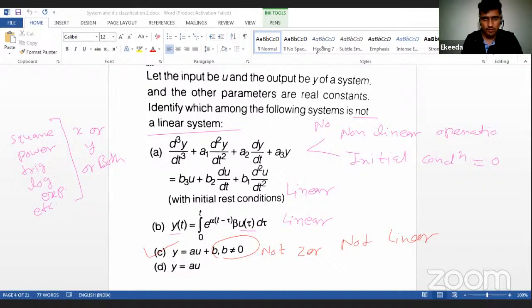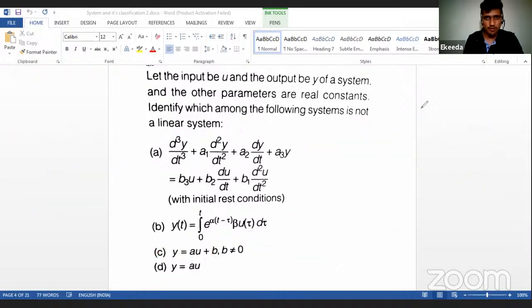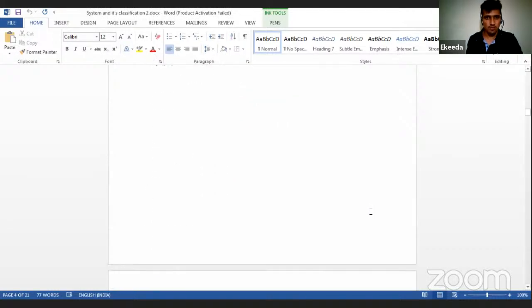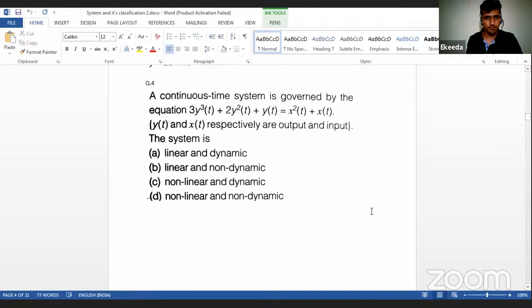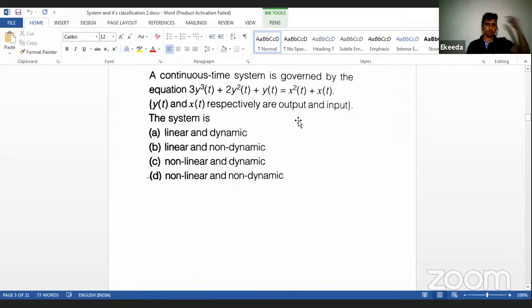Now coming to the next. The system relationship equation is given. So first we will check for linear or not linear.